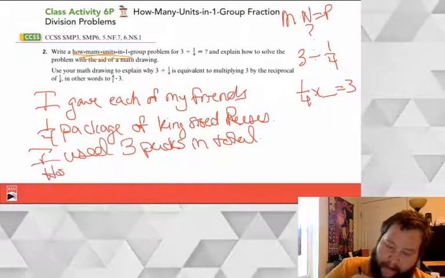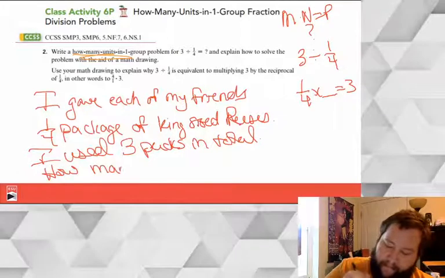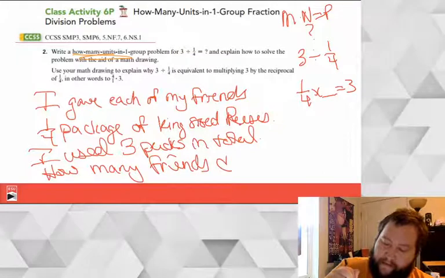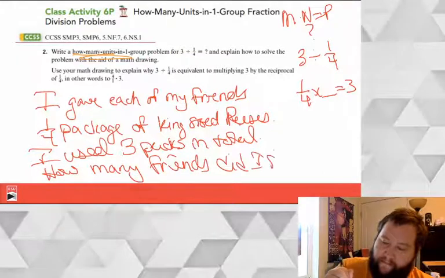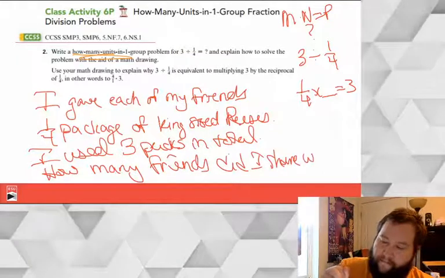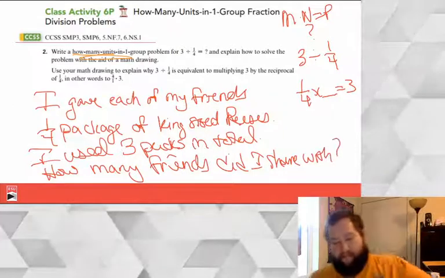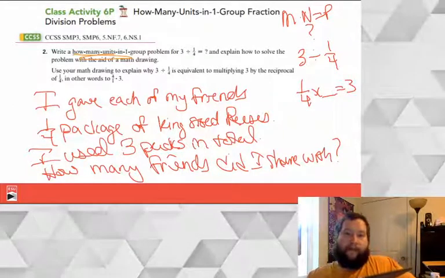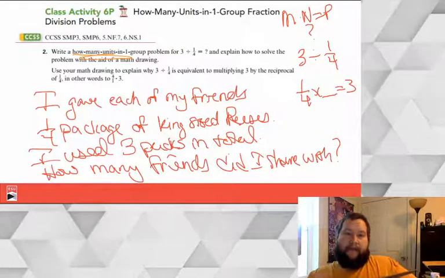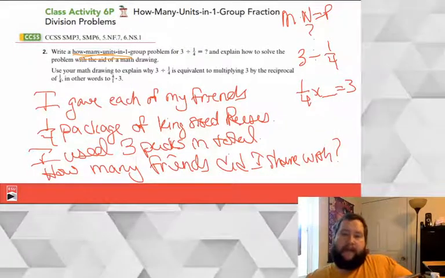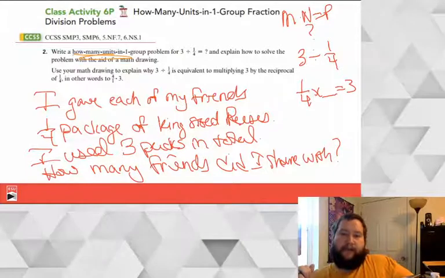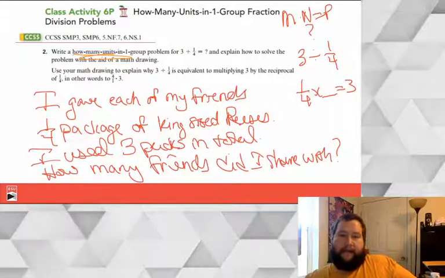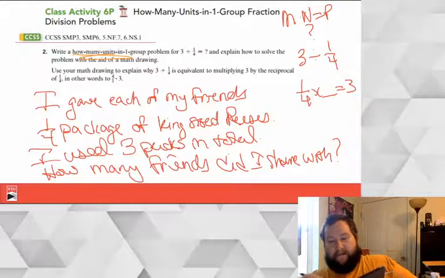How many friends did I share with? So I give a 1/4 pack to each person, or I used 3 in total. So how many was I able to give it out? I was able to give it to 12.